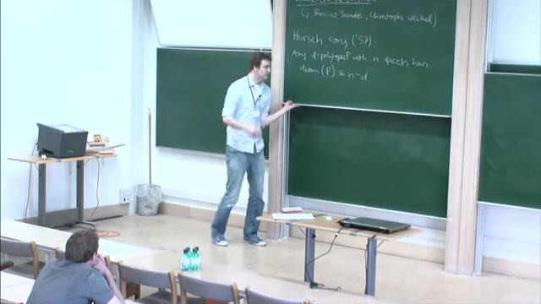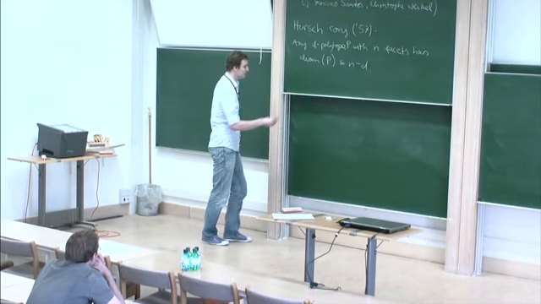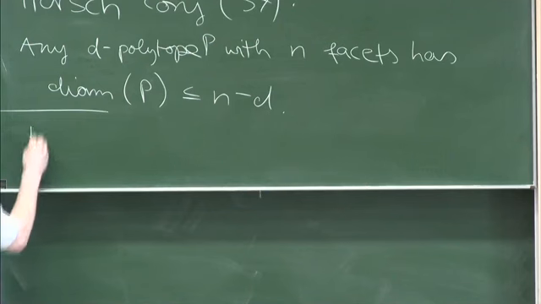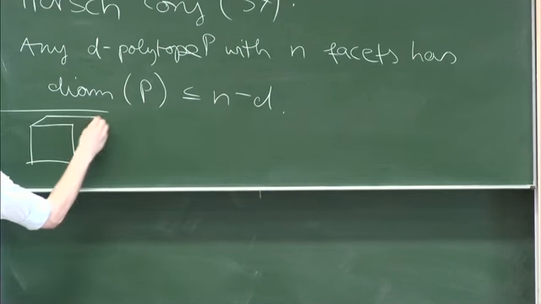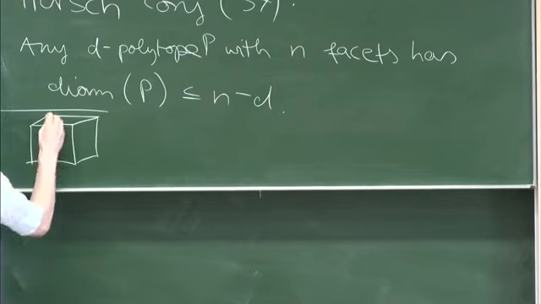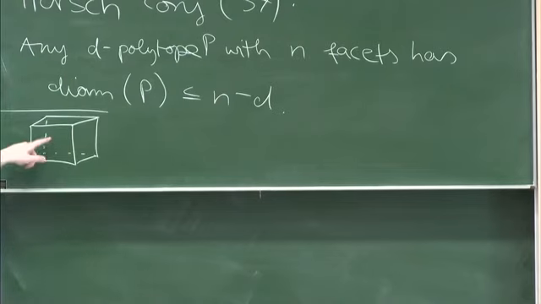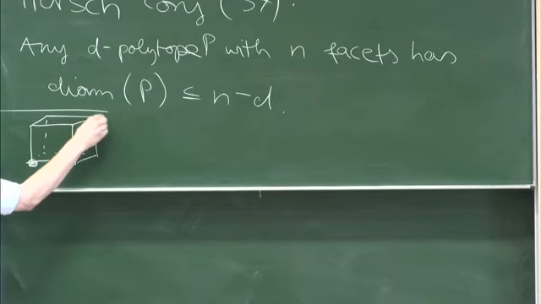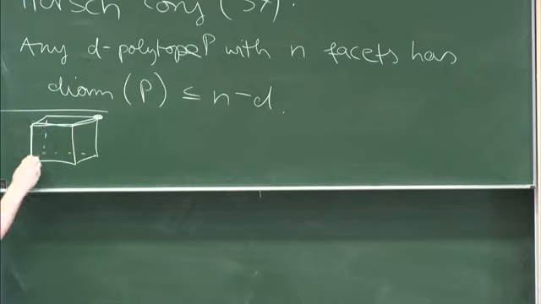Okay. And let me give you one example. The cube. You can also make it in higher dimensions. You can think about this example in higher dimensions. This has diameter 3, right? Because these two vertices have distance 1, 2, 3, and this is also the maximal distance that you can find between any two vertices.